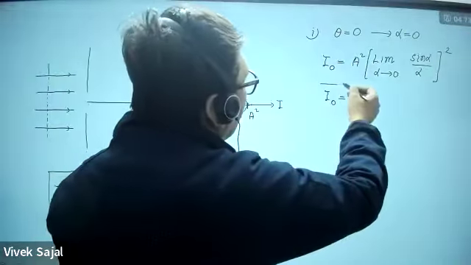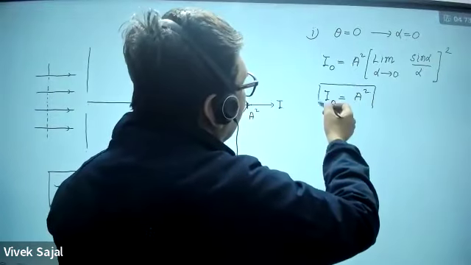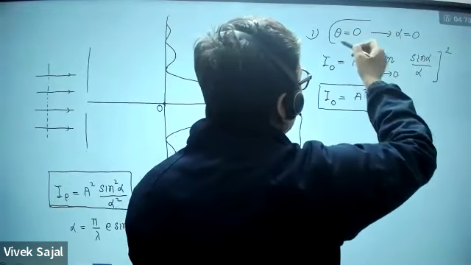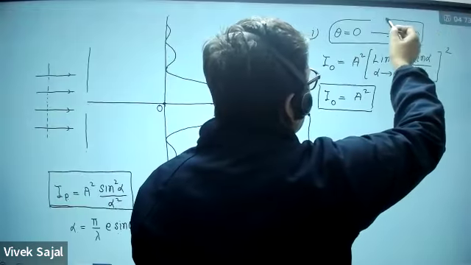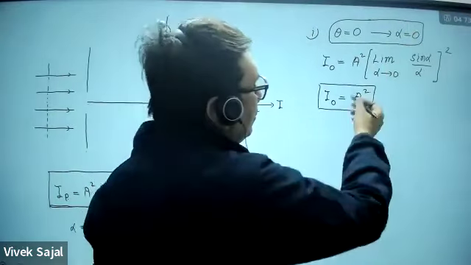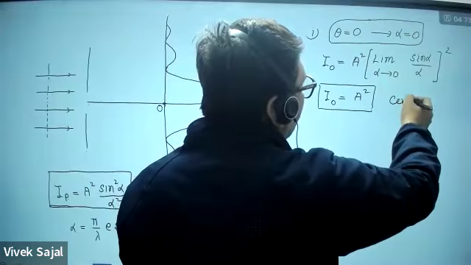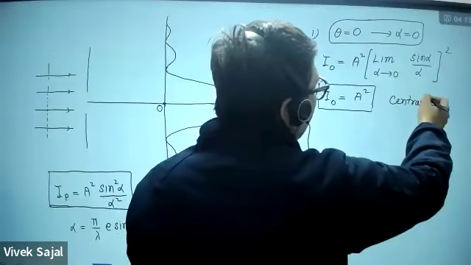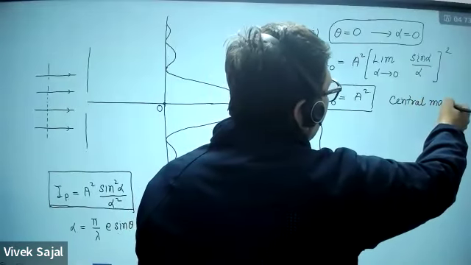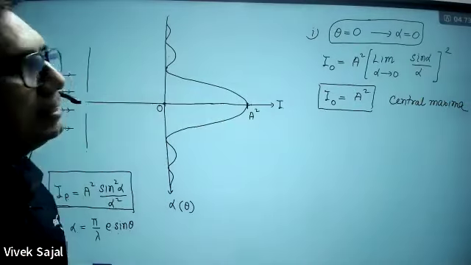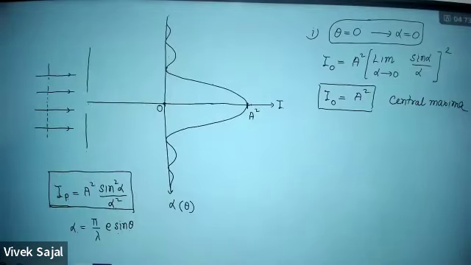So at the center, you are going to get this intensity, and this is corresponding to theta equal to 0 and alpha equal to 0, and this is maxima. This is called as central maxima. So this is the intensity at the peak. Is it clear up to this point?